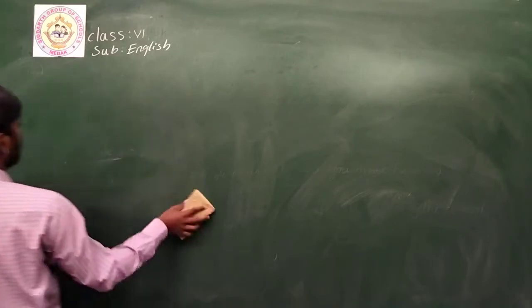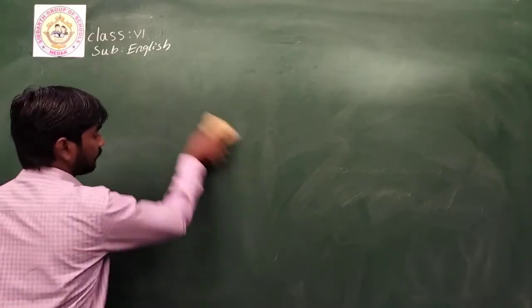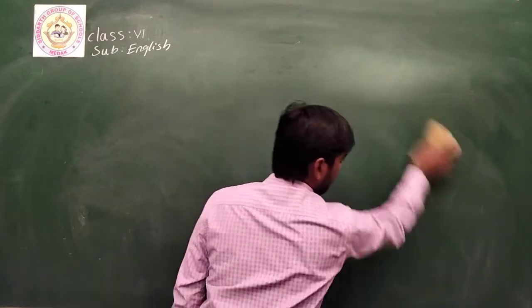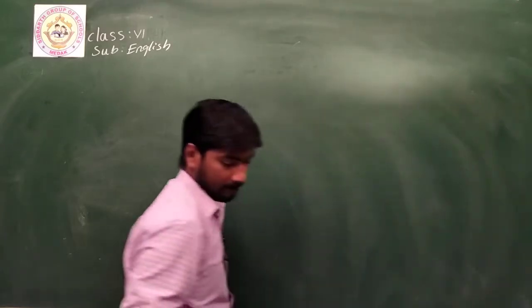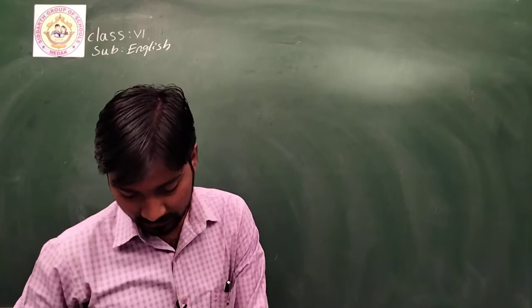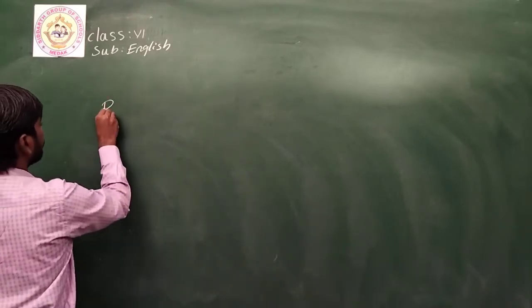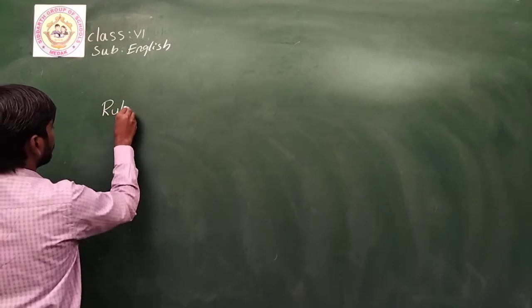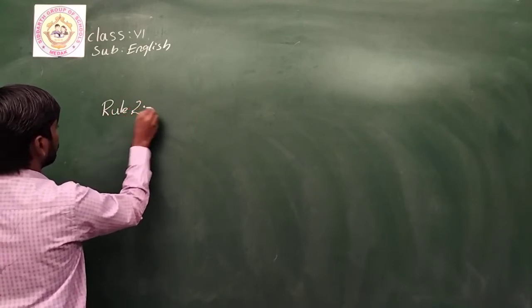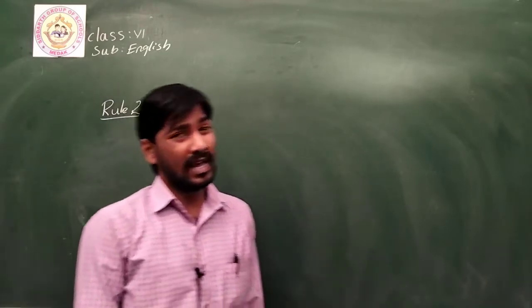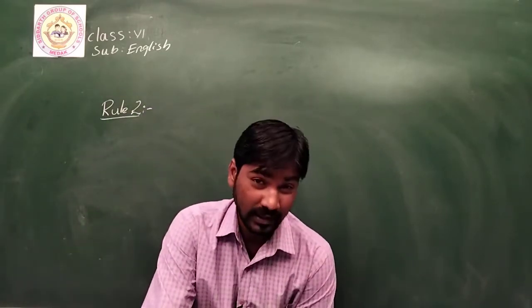I will write at the top because rule number 2 will have more examples. Rule number 2, children. So you learnt that before a single countable noun, you will have an article before it, right?